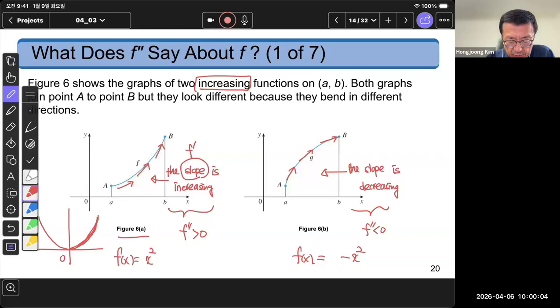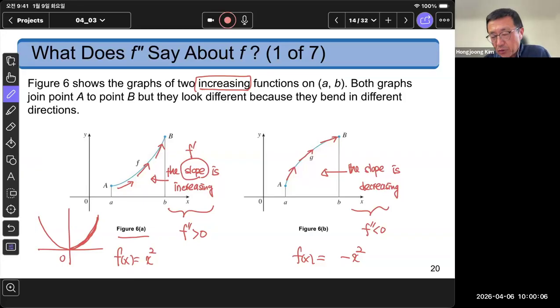And in the case of negative x squared, the increasing pattern to the left of 0 is very similar to that of figure 6b.